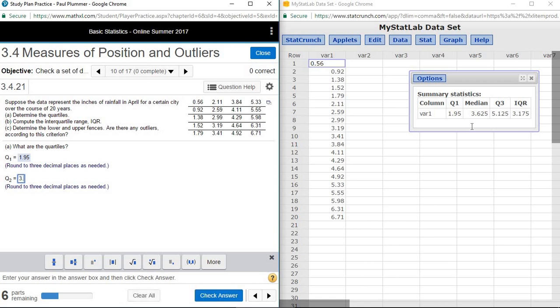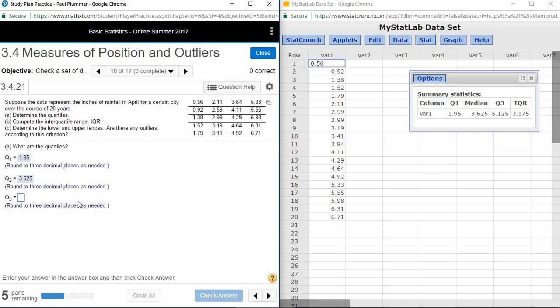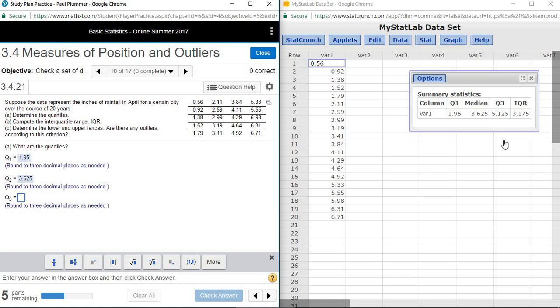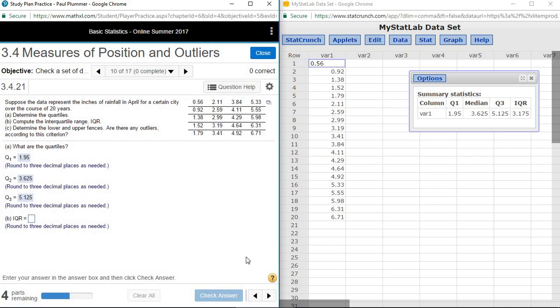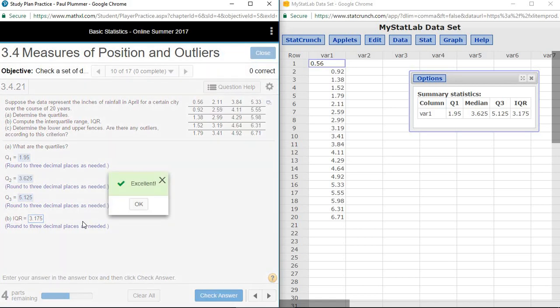So that's 3.625. And then our Q3 is 5.125. Our IQR, which would be Q3 minus Q1, is 3.175.